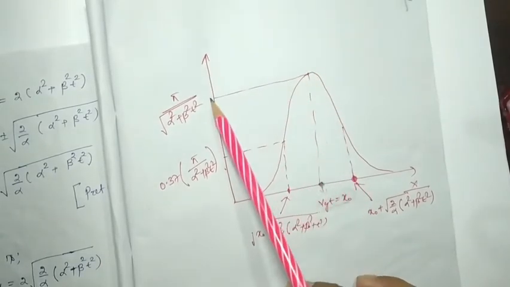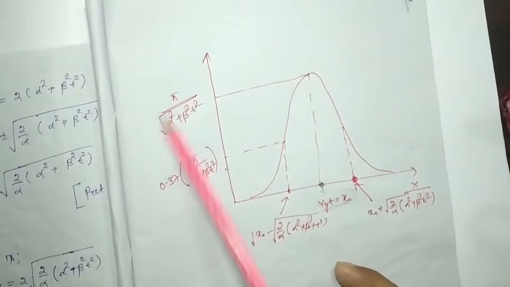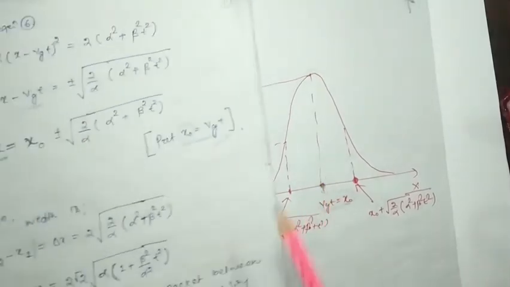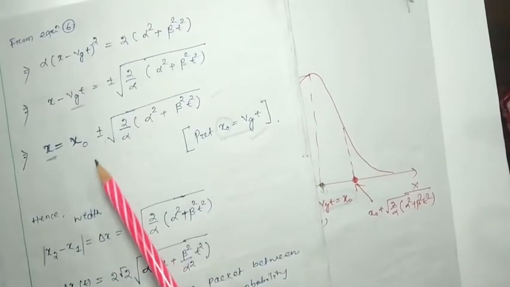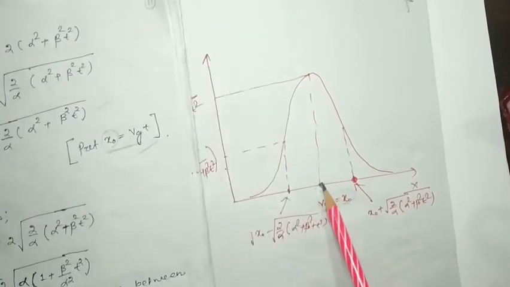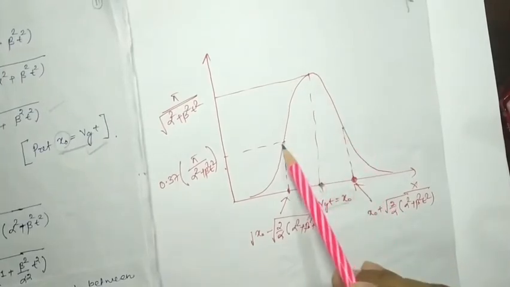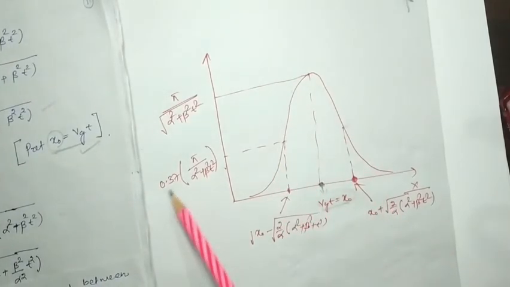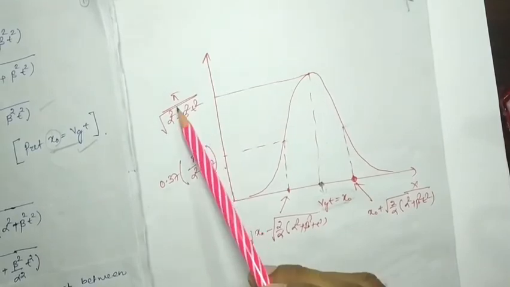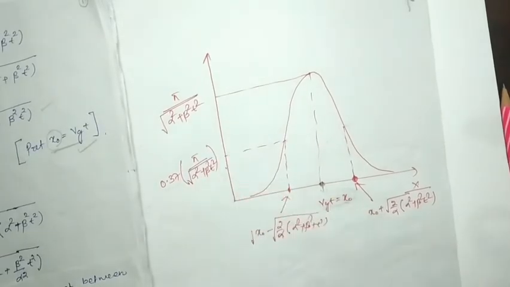This is the maxima, √(π/(α² + β²t²)). And from this calculation we get the two points, x0 plus this much and x0 minus this much, suppose this point and this point, where we can get 37%, or 0.37 of the maximum value.